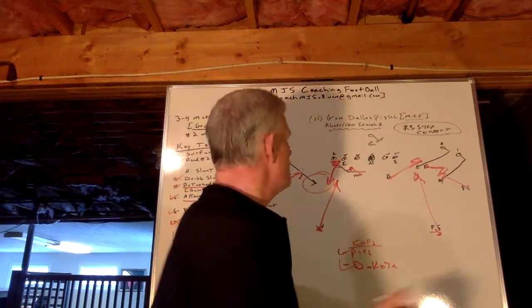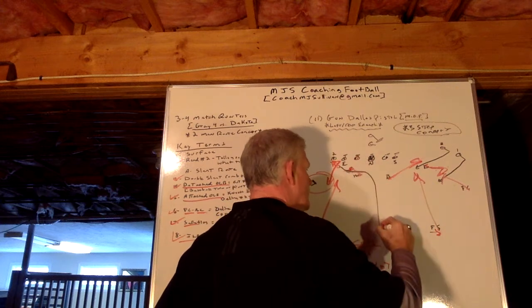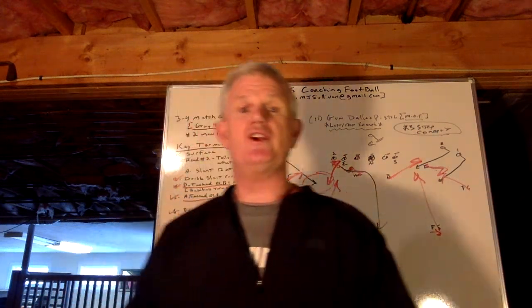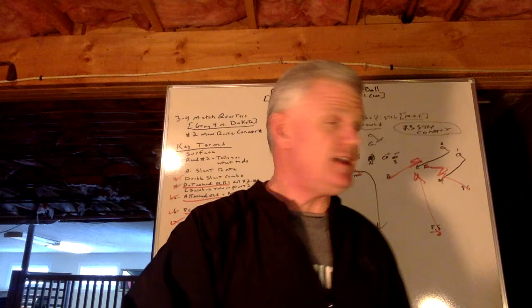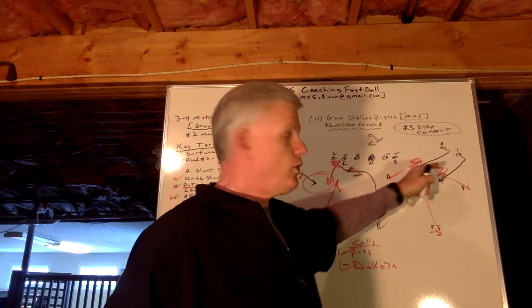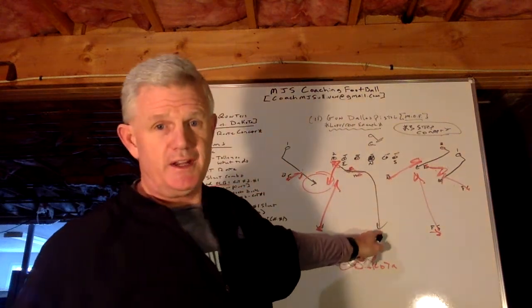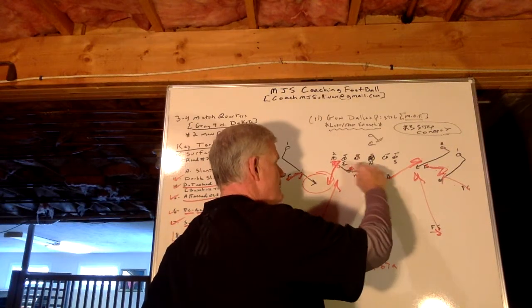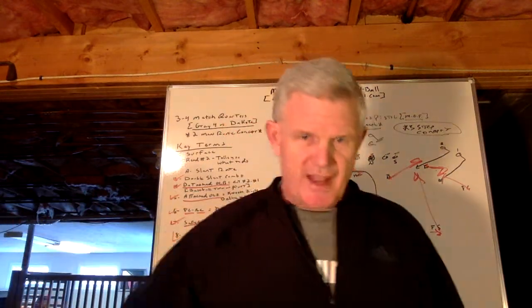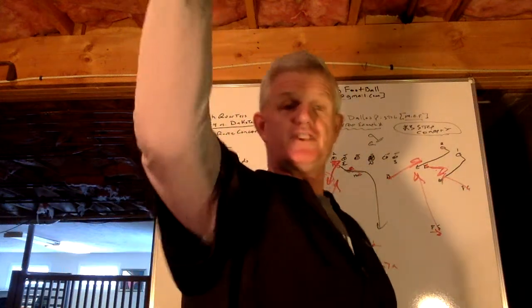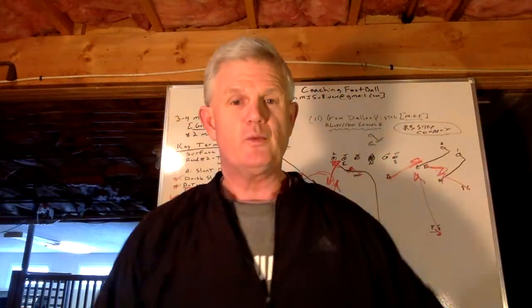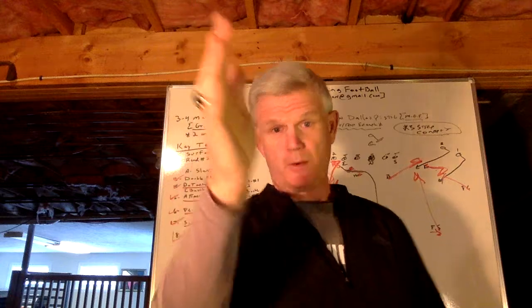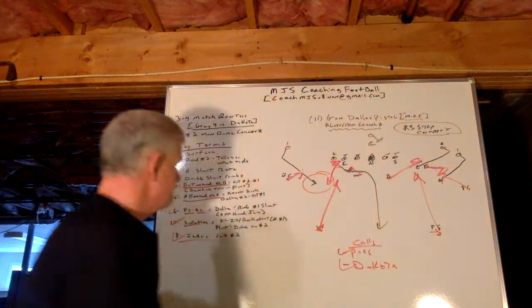Because this is the one that has the threat of turning that way. Quick pump fake, a look-off by the quarterback with every intention of trying to hit the tight end on a double move up the field. So your Mike linebacker has to eye that hip, slap the near wrist, so if it turns up the field, we've got a guy covering him. Okay, and that's the Mike linebacker.